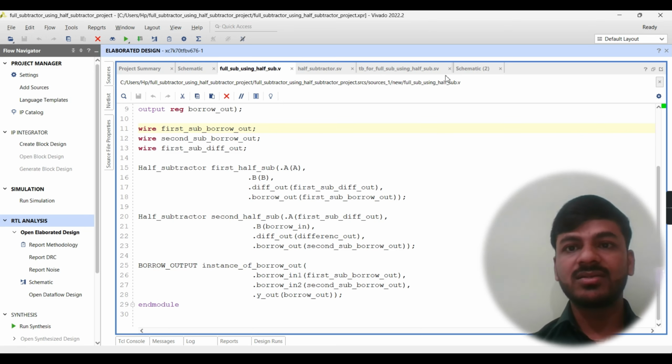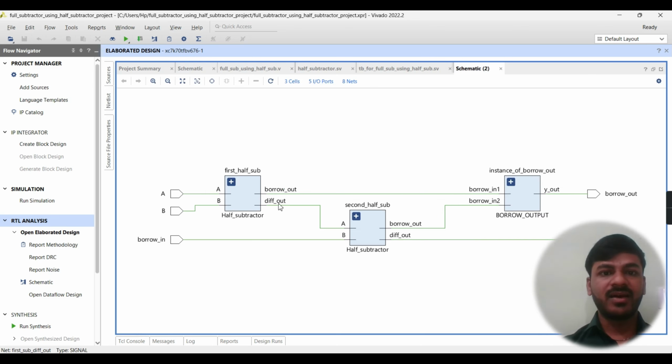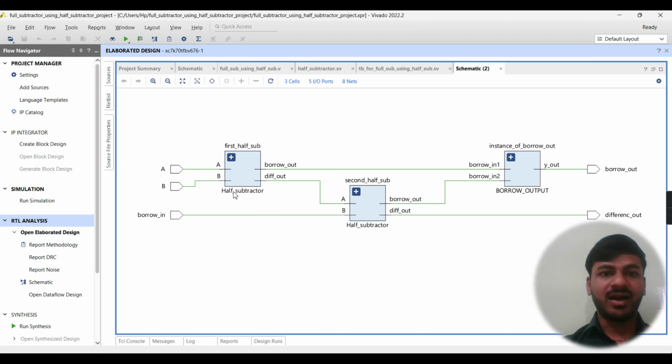Now if I click on this schematic, there you can understand. Here you can see this is my first half subtractor, where the inputs are A and B, and the outputs are difference out and borrow out.